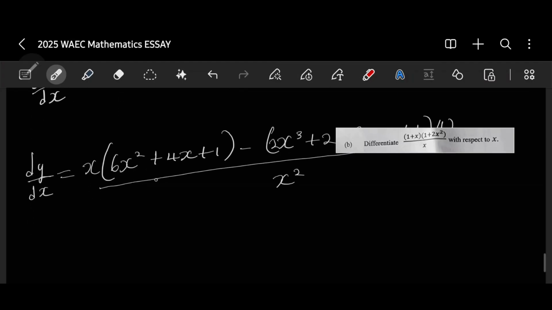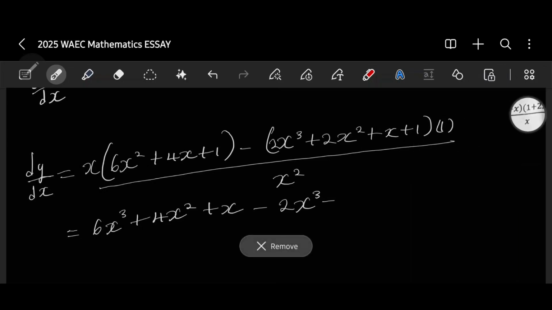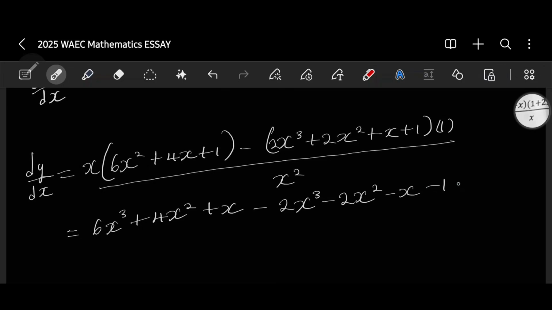Go ahead and expand this. I'm going to have 6x cubed plus 4x squared plus x, minus 2x cubed minus 2x squared minus x minus 1, all divided by x squared.